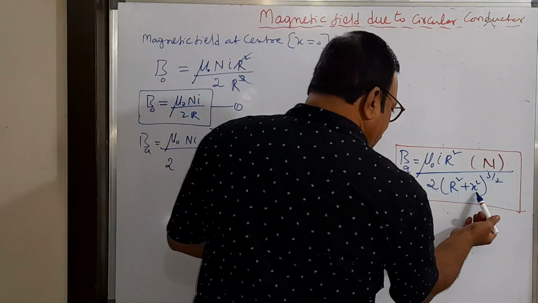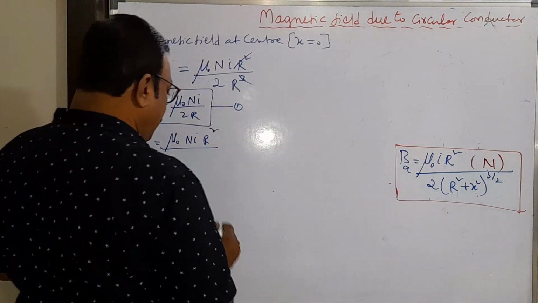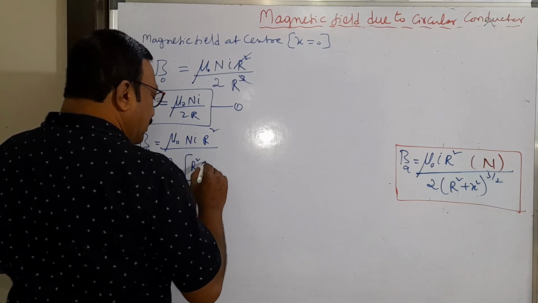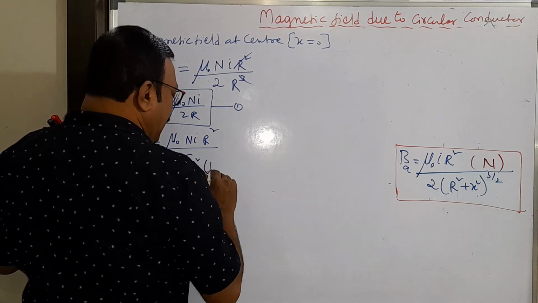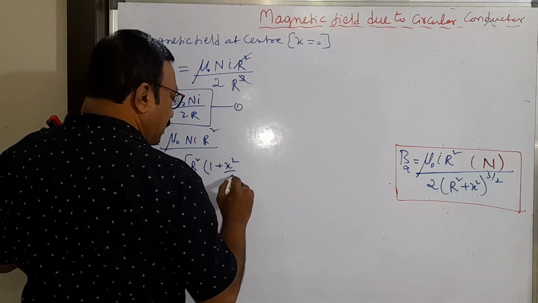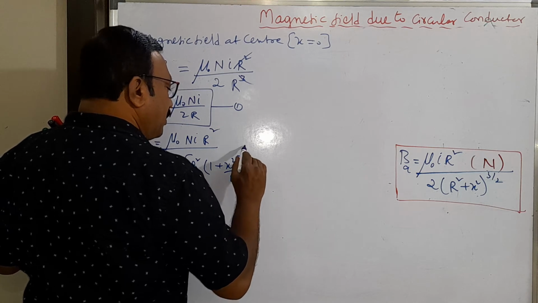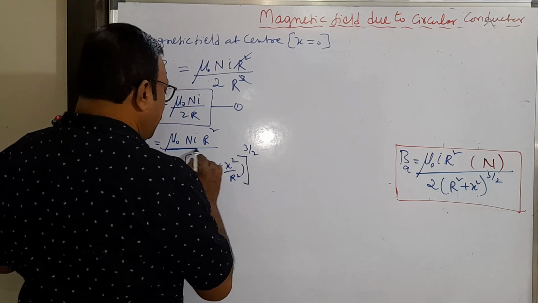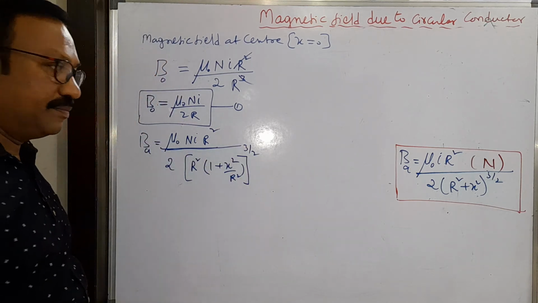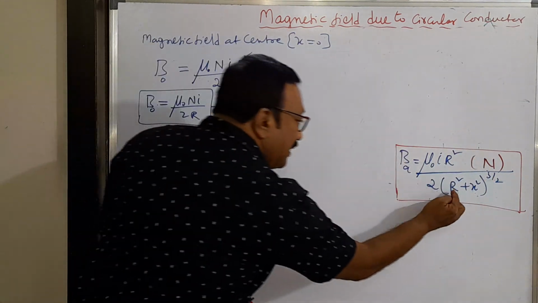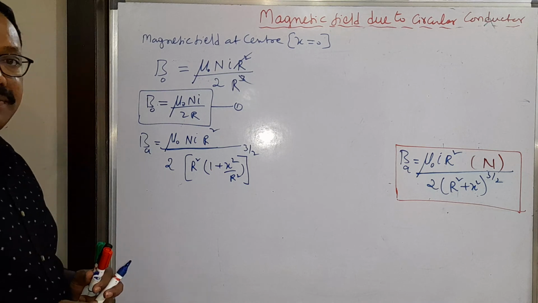I will take r² common in this. If I take r², in the bracket I'll get 1 plus x² by r², everything to the power 3 by 2. This will be the denominator. This is everything to the power of 3 by 2 as it is, but only in this I have taken r² common.